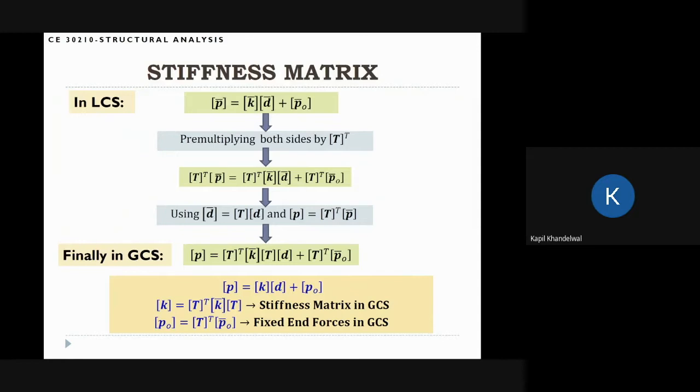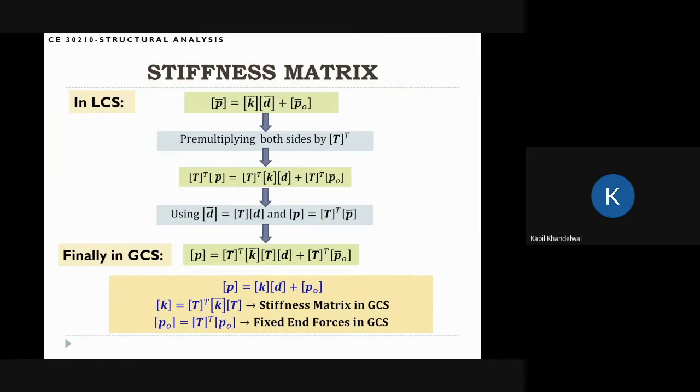One important observation is this is exactly the same kind of calculation that you have done for 3D trusses and even 2D trusses. So you can see that the overall form of the equations doesn't change. Of course, the values of T and K bar will change, but the form of the equations remains the same. And this is a very important concept.